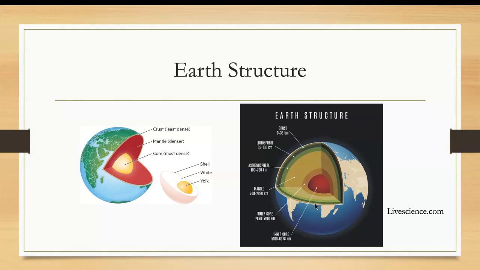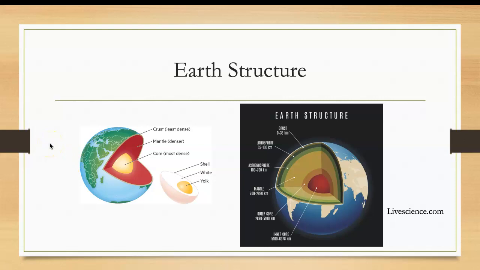Now, the internal structure of the earth, and I like this picture very much. When you think about internal earth structure, I want you to vision this hard-boiled egg, because the egg yolk will be the core of the earth.